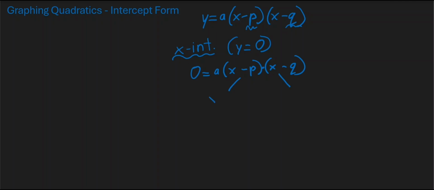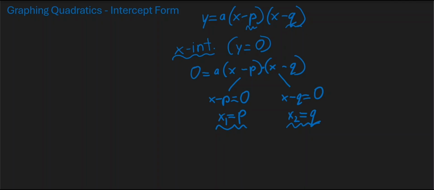So either x minus p would be equivalent to 0, or x minus q would be equivalent to 0. Upon solving both of these individual equations, adding p to both sides of the first equation, x would be equivalent to p, and that would be the first x-intercept for our quadratic. And adding q to both sides of the second equation, x, the second x-intercept, would be equivalent to q. What this tells us is a very important piece of information: the p and the q are nothing more than just the x-intercepts of the quadratic function.